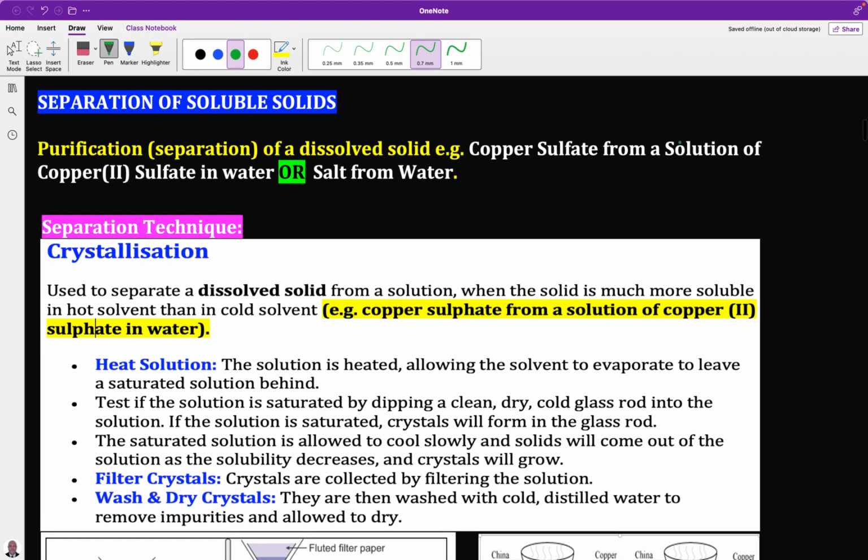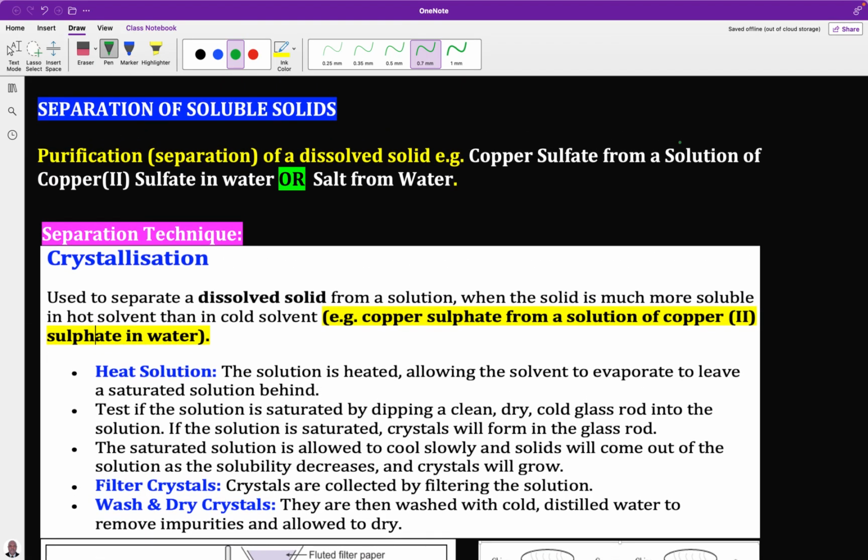What you do here in this process of crystallization is what? Remember, there are some solutions that will dissolve when in a hot solvent. Copper sulfate from a solution of copper 2 sulfate in water will dissolve faster in a hot solvent.